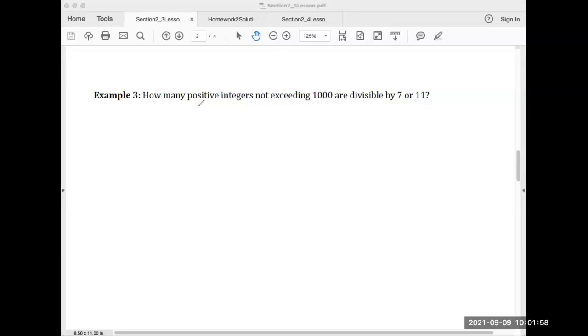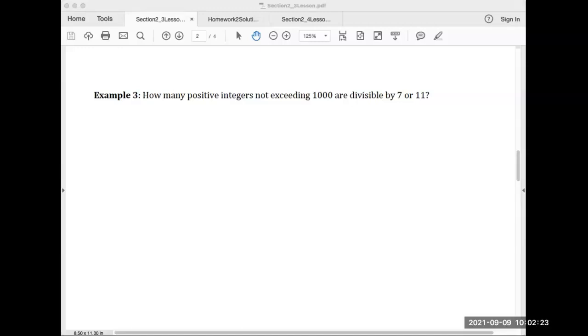All right, how many positive integers not exceeding 1,000 are divisible by 7? What do you think? How would I find that? Any ideas?